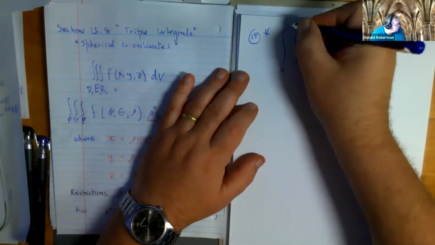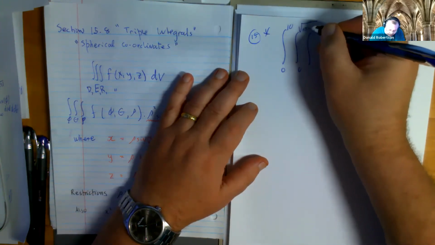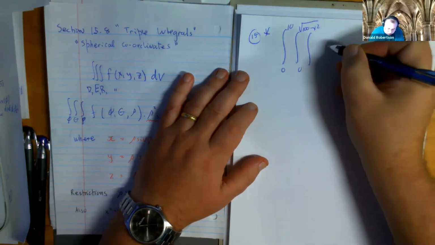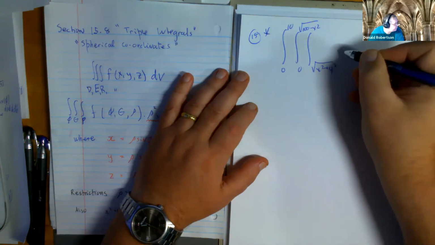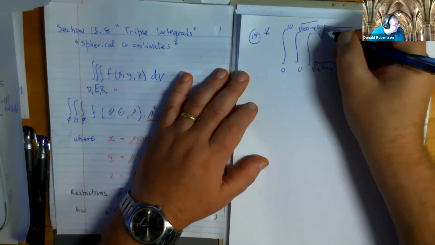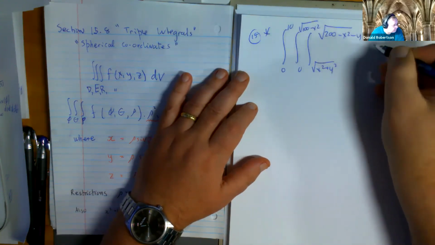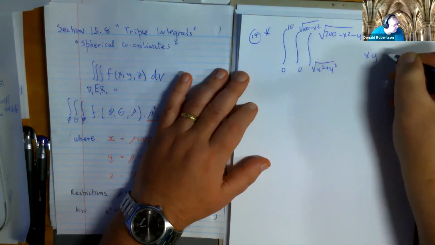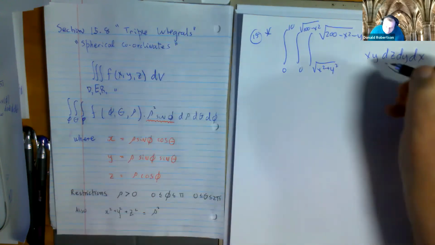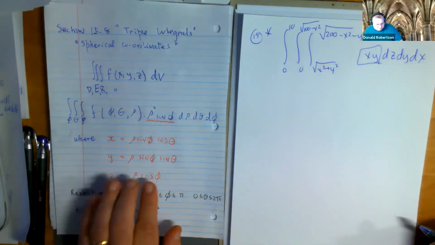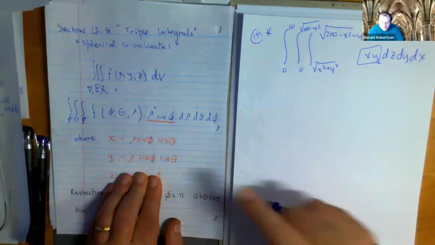So in this case, you get 0 to 10, 0 to the square root of 100 minus x squared, and the square root of x squared plus y squared to the square root of 200 take away x squared take away y squared, and then they have xy, dz, dy, dx. Now, I don't really care about that, because if I change this into spherical, won't the x just get replaced by this, and the y that'll get replaced by that?